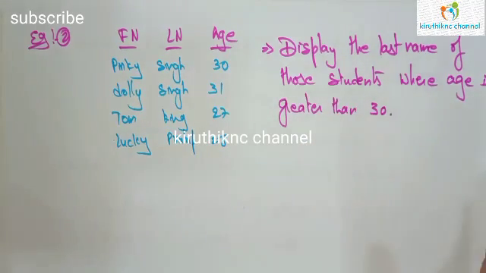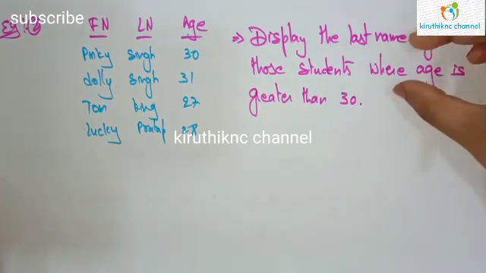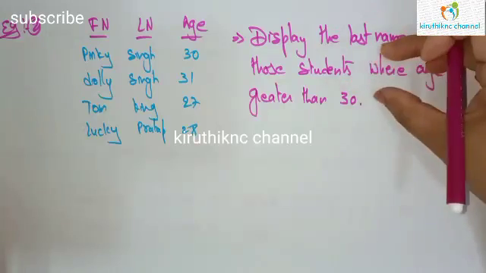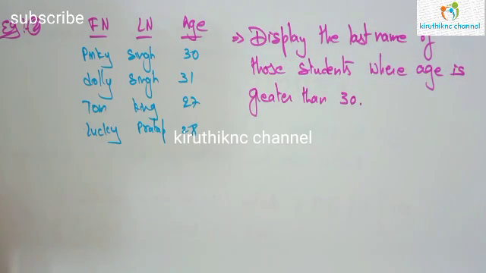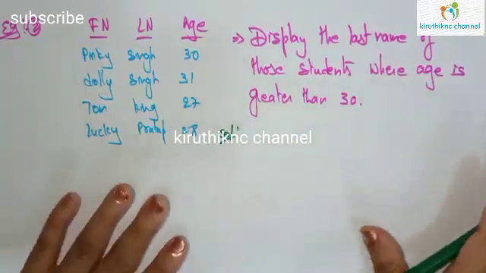This is the question given. I have to represent this statement, which is a query language, in a non-procedural language and get the output. So let me represent this in the non-procedural language by using the tuple relational calculus.